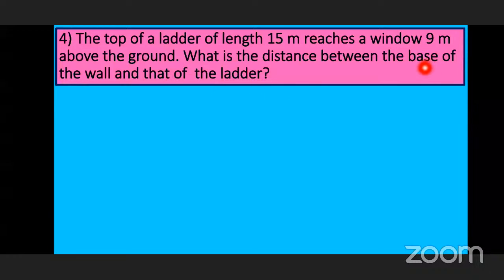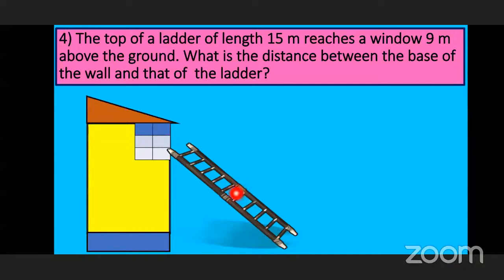The word base is familiar with us, right? That means it is related to right angled triangle. See, here the ladder is there and window is there. The top of the ladder reaches the window, which is 9 meter above our ground. And we are supposed to find out the distance between the base of the wall and that of the ladder.